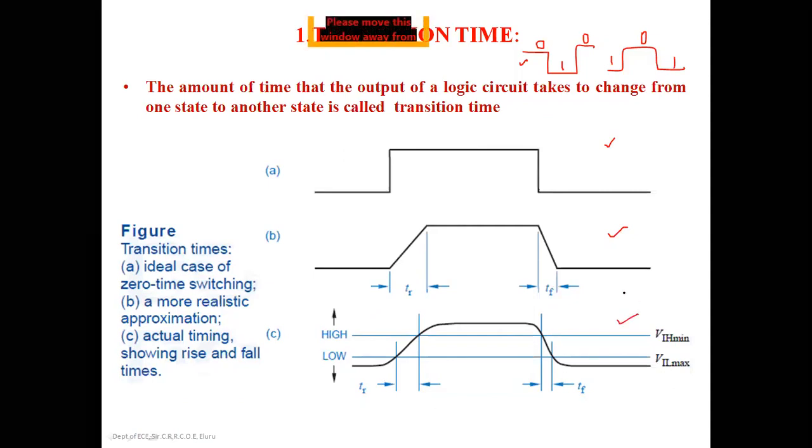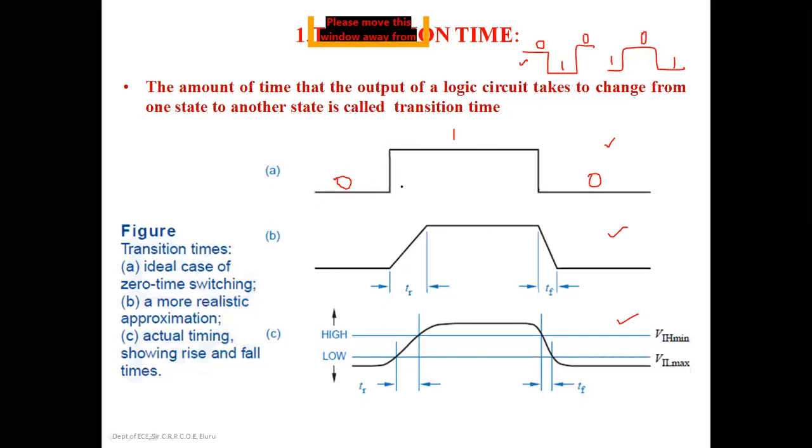So how will the output signal look when it is changing between the two states? Now from figure A, if you observe, it is the ideal transition time. You can see there is an instantaneous change from 0 to 1 and from 1 to 0, which means the circuit is changing its state in 0 switching time.